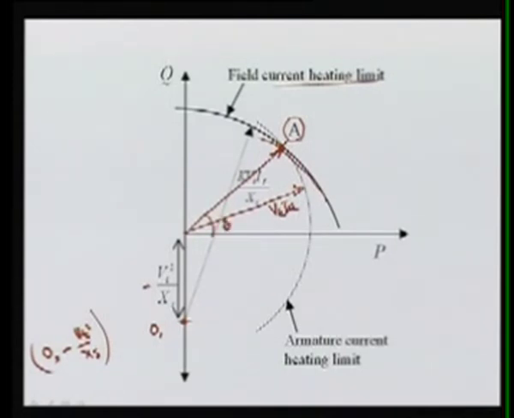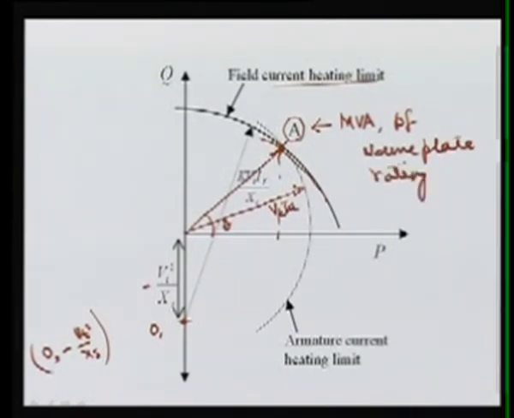At this point we write the rating in MVA, and the power factor at this point is what we call the nameplate rating. So, we now have our operating characteristic here, and after that it will follow the lower section.